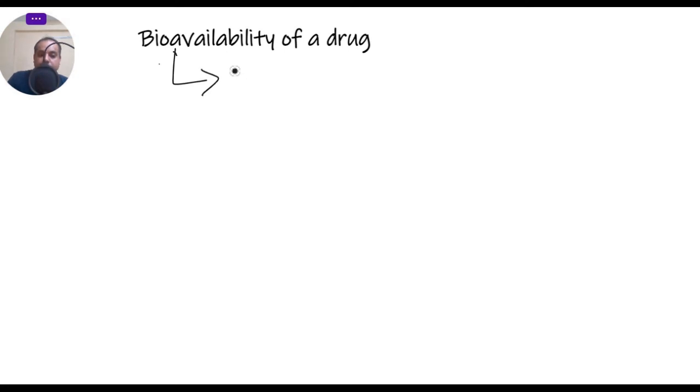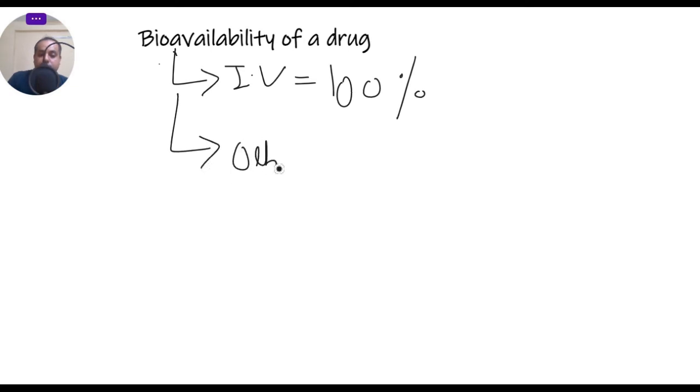Bioavailability when a drug is given by IV route is by definition 100%. But for other routes, it may not be 100%.